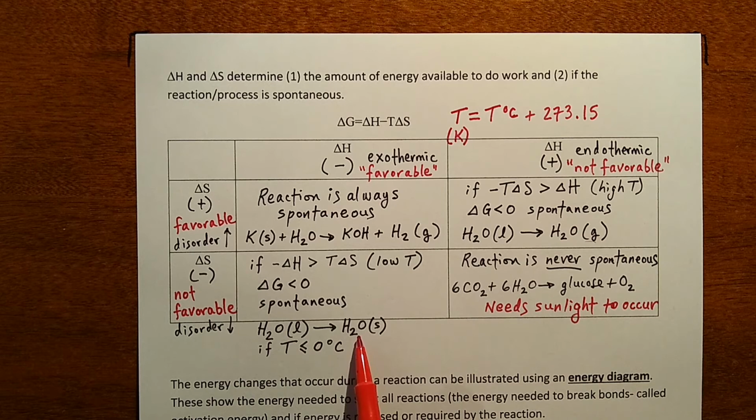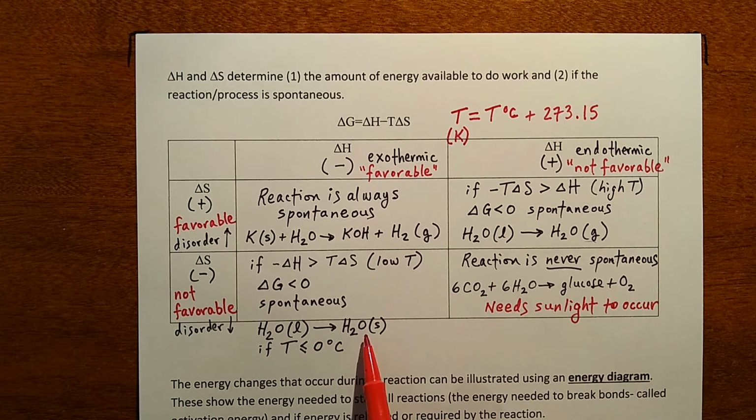Liquid water freezing is an exothermic process. It gives off heat, but it's going from liquid to solid. So you have an unfavorable change in entropy. Water molecules want to stay far apart, so they want to stay in a liquid form relative to being in a solid form. That's why this process, going from liquid to solid, has a negative change in entropy.